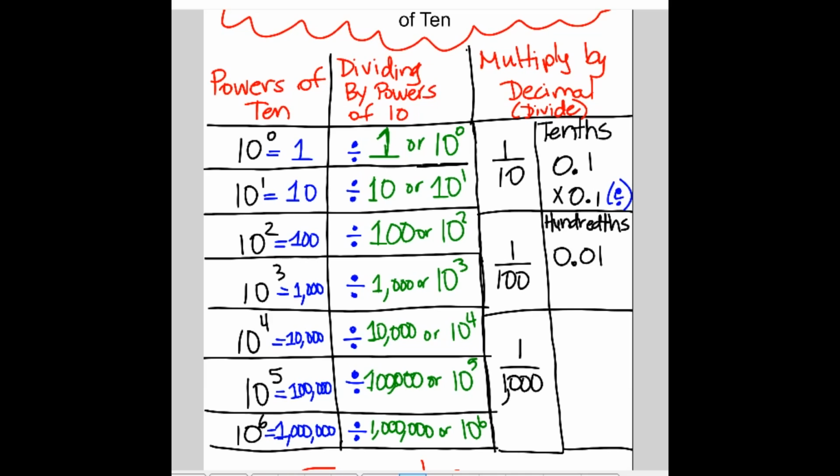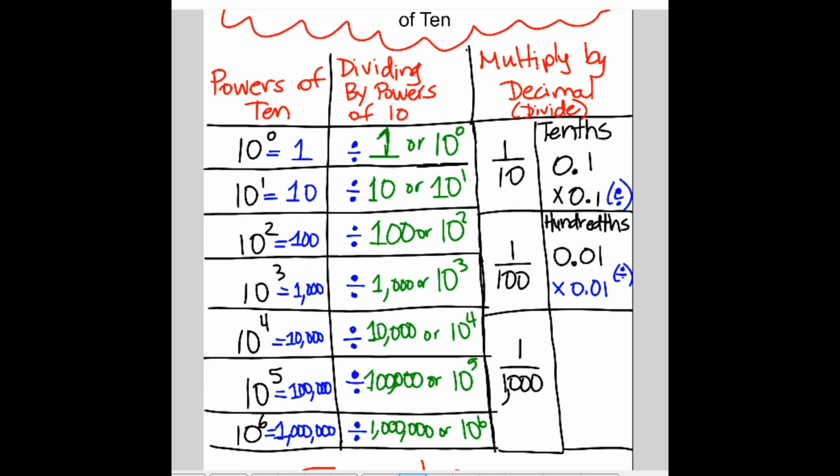That means the 1 would be 2 places after the decimal. Just like for the tenths, the 1 is 1 place after the decimal. For the hundredths, it's 2 places after the decimal. So this one would be multiplying by 0.01, which also means divide.